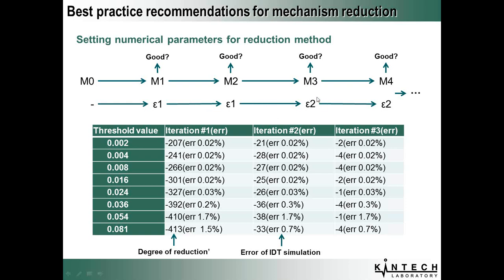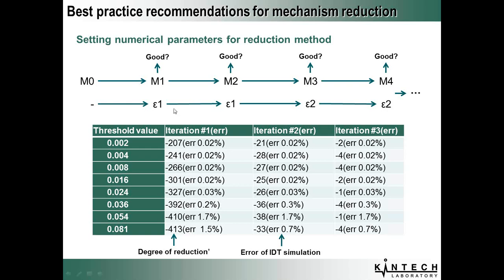Then you can increase the value of the parameter and reduce the mechanism one more time, and repeat this once more, and then it is your choice how far you need to go. The only thing you need to do every time is test your reduced mechanism until its accuracy is lost in comparison with the detailed mechanism.